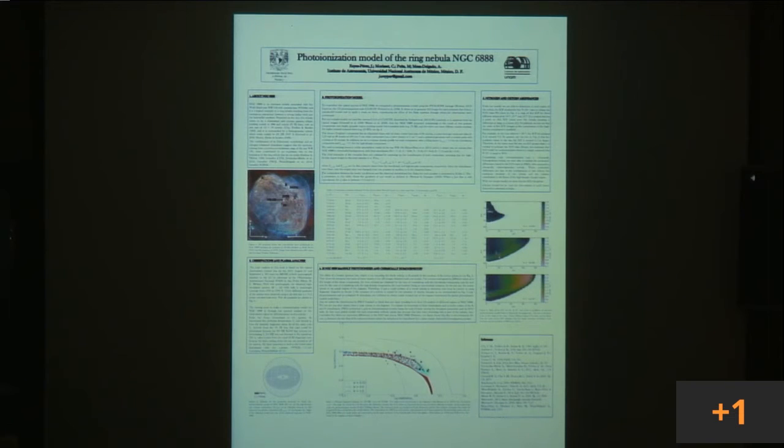The more interesting result is to plot the different points of this model in a diagnostic diagram. Here is nitrogen versus oxygen lines, and this diagram is usually employed to know if a region is mainly photoionized or if the heating is originated by other sources.